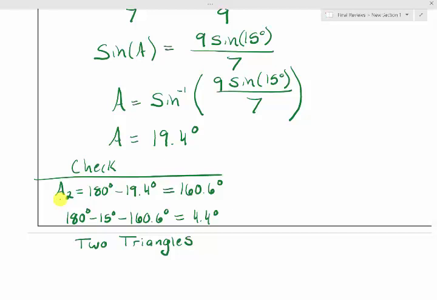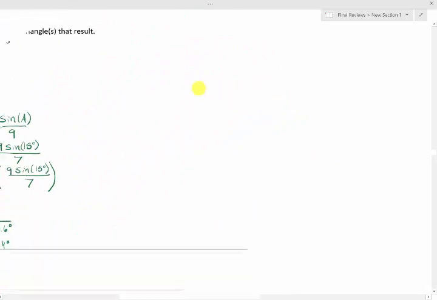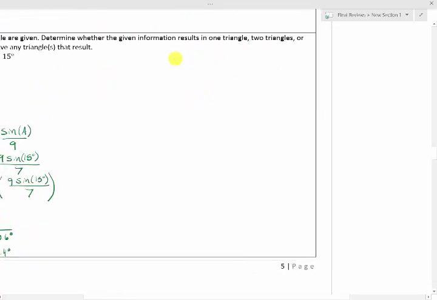So now I need to solve both of these. One triangle with A sub 1, or our original angle A, and one with angle A sub 2. So I'm going to go over here, and what I'm going to go ahead and do is split up the rest of the space that I have to work in half.